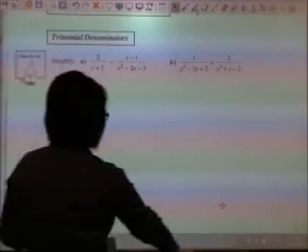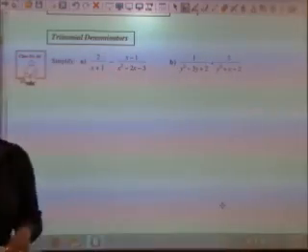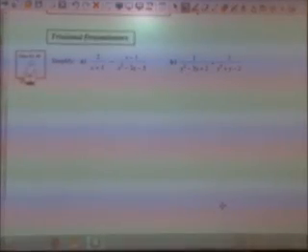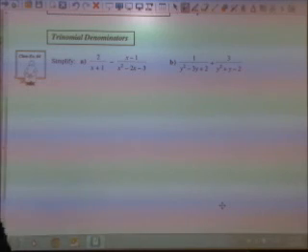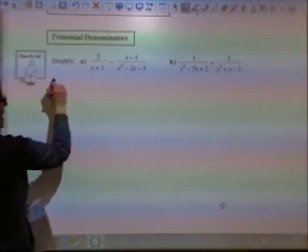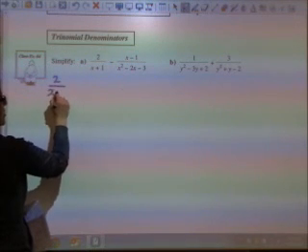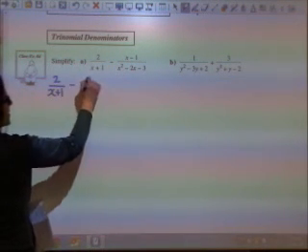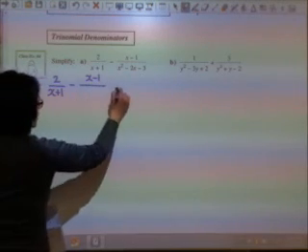When we deal with trinomial denominators, or trinomials in general, we start off by factoring the trinomial. So in 4a, the first expression is not factorable, so I will leave it as 2 over x plus 1. The second expression, the top, is x minus 1. I can't factor that.